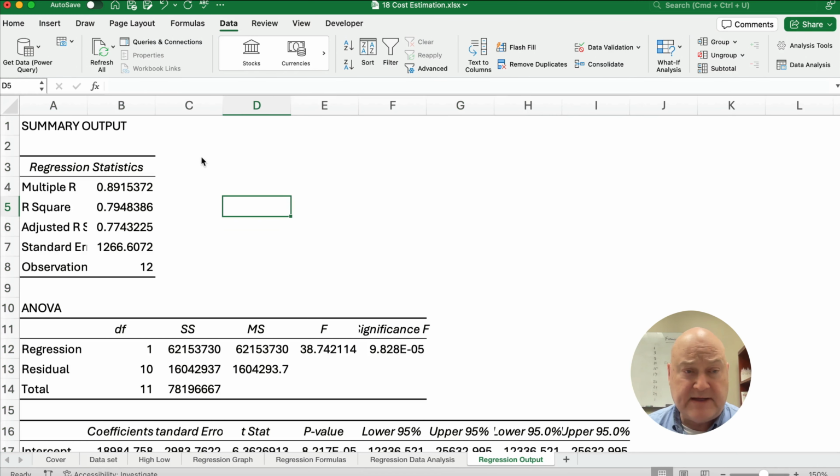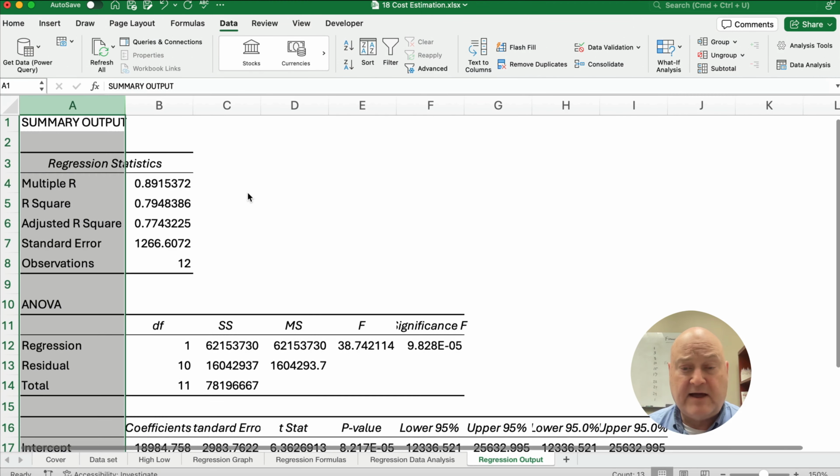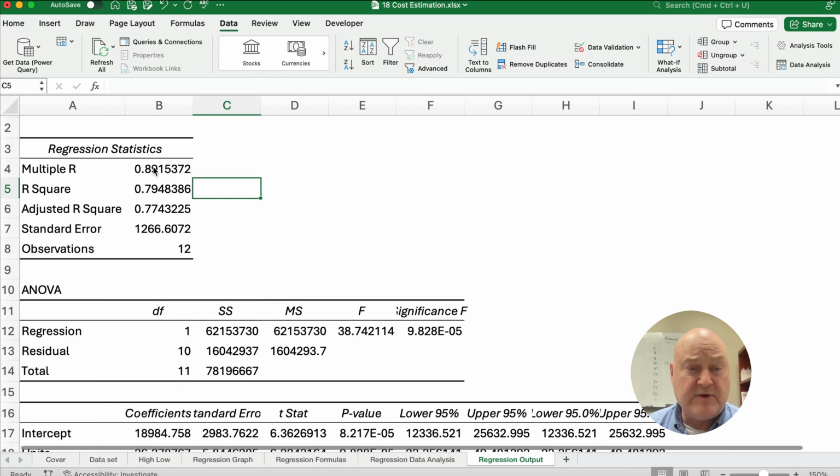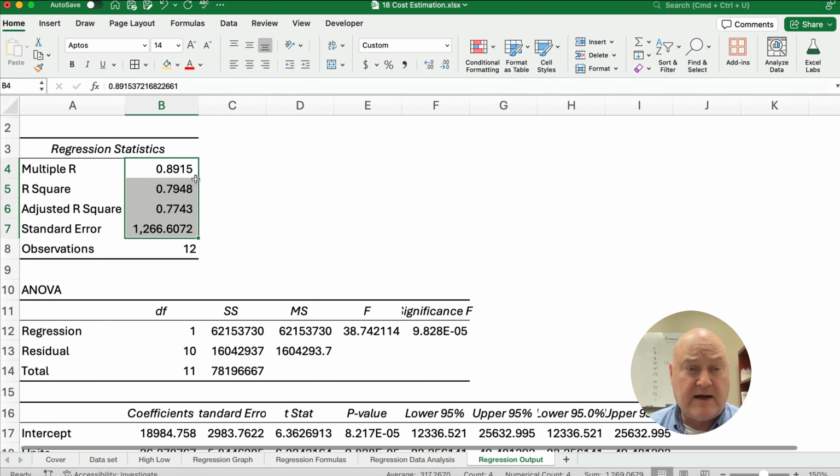What's going to happen is this is our summary information. This gives us a complete estimate of our regression. So here's what we know. Our R is close to 89%.